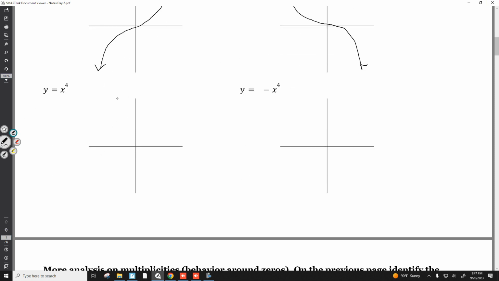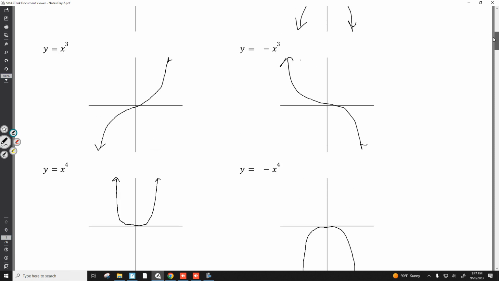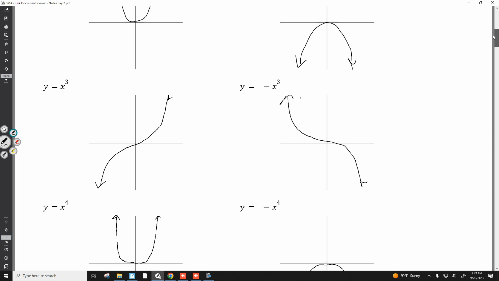A little bit steeper, but slows down longer than x squared. A little bit steeper, slows down a little bit more. Okay, and if you got it wrong, don't worry about it.